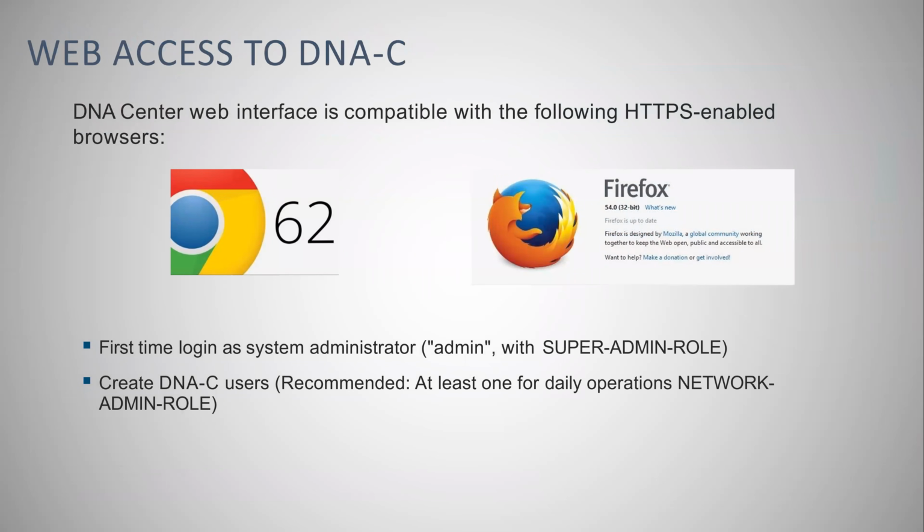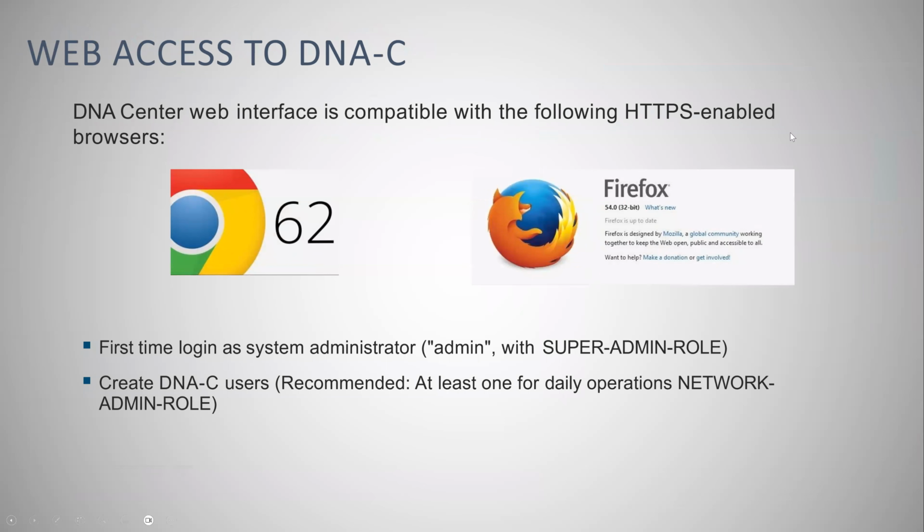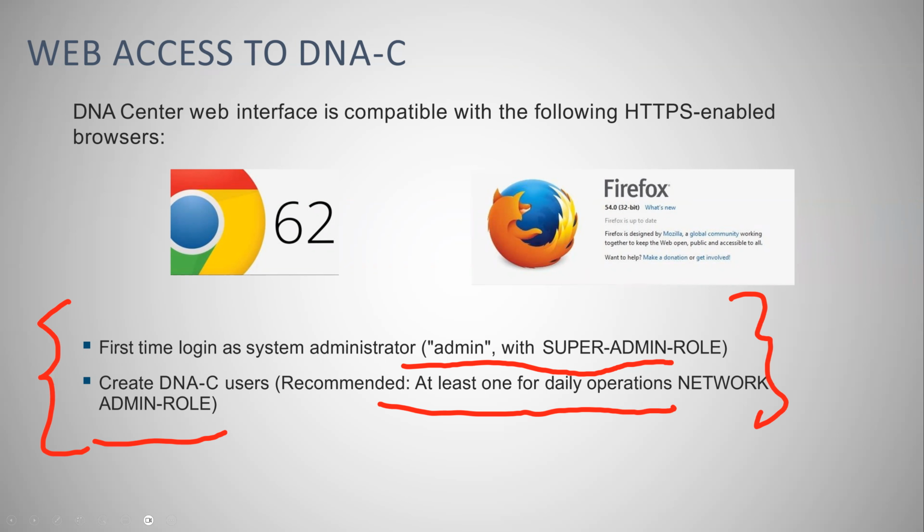Once the installation is done, you want to log into the DNA. Later on, I will explain about the different types of users that we can create within the DNA. This is important when we are doing DNA external integration with ISE. This information is very, very important.